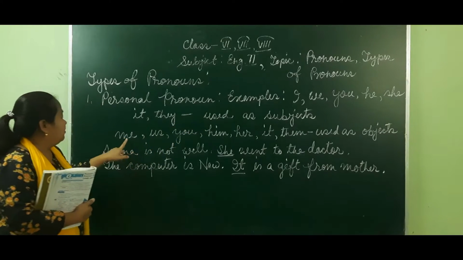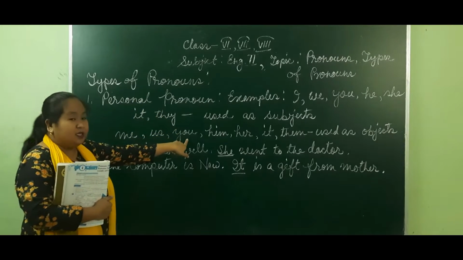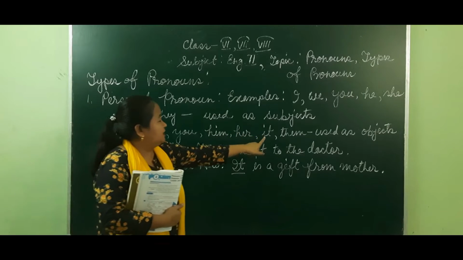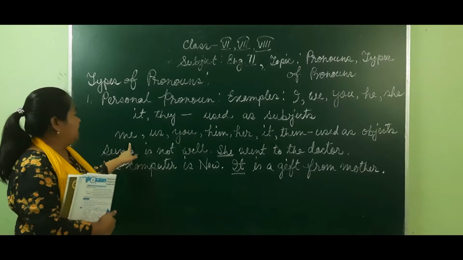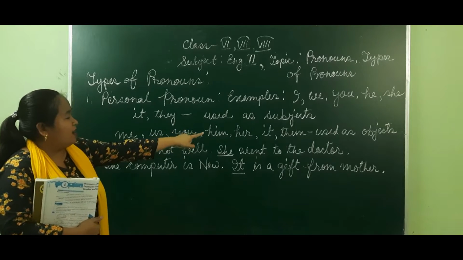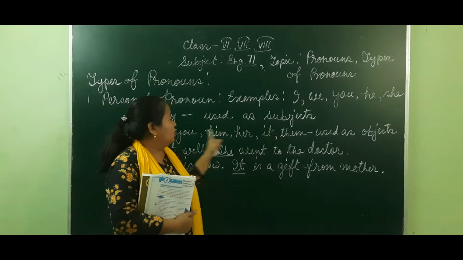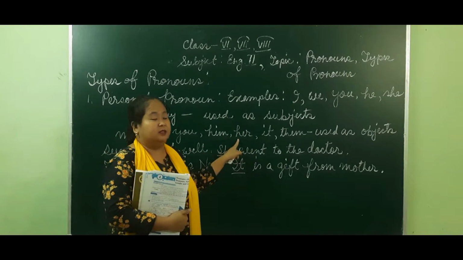And here, first person singular me, first person plural us, second person singular and plural you, him, her, third person singular, it, third person singular, them, third person plural. These pronouns, me, us, you, him, her, it, them, are used as objects in a sentence, so we call them objective personal pronouns.